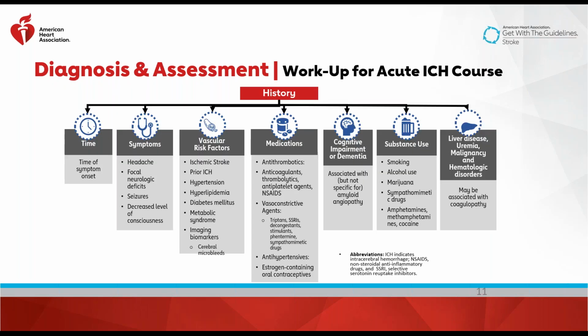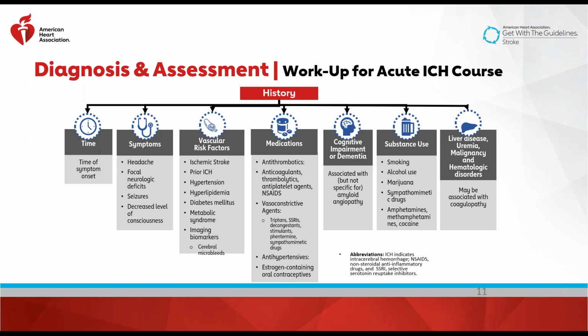So this is a very wordy slide, and I hate wordy slides, but I sort of like this slide because it walks us through some of the necessary components of the history that we need to get, the optimal history. Oftentimes these patients come in and we are limited by what we can get from the patient and from the family members or significant others.